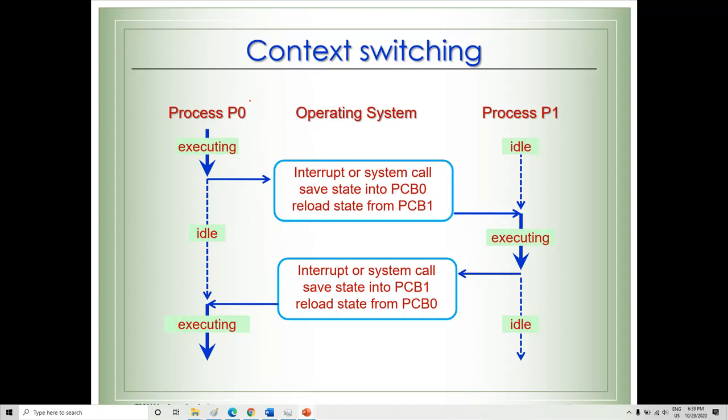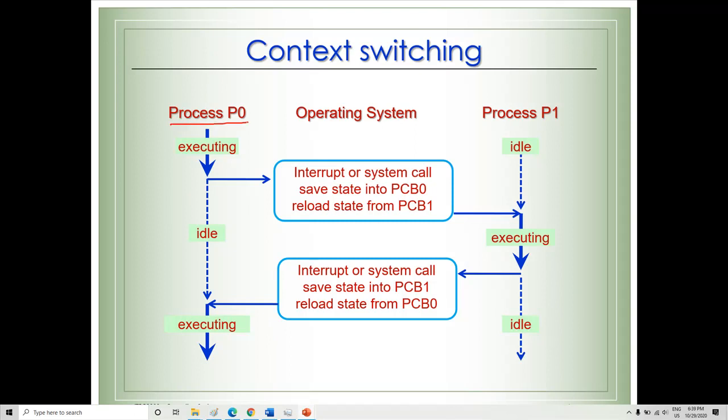When a set of processes are running in a system, they share the CPU. The CPU time is shared among the processes, and that is depicted using the concept of context switching.